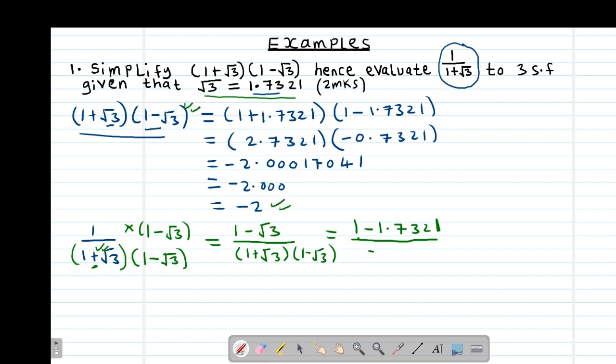So this will be 1 minus 1.7321, divided by negative 2.000. 1 minus 1.7321, I'm going to get negative 0.7321, then divided by negative 2.